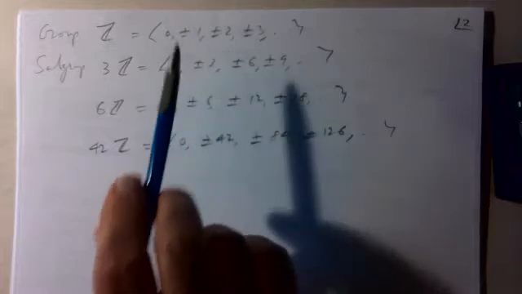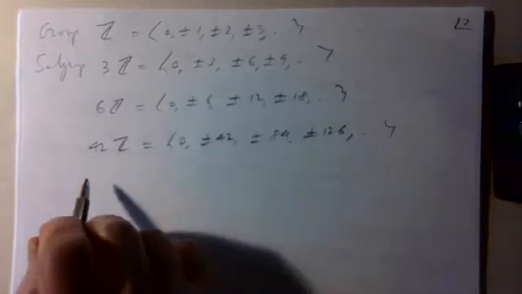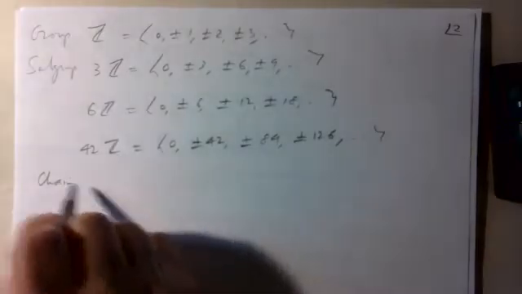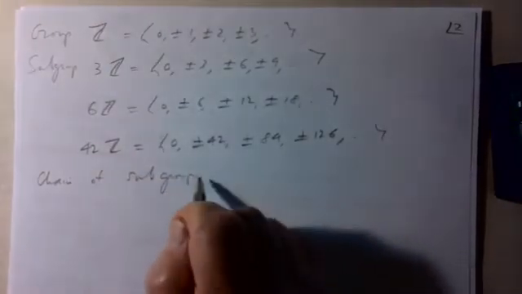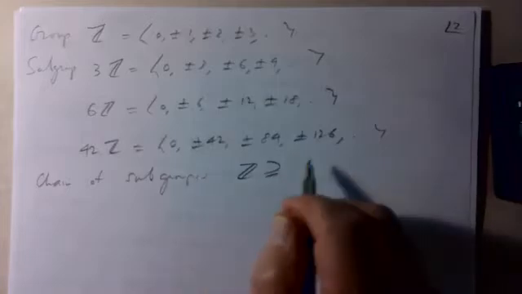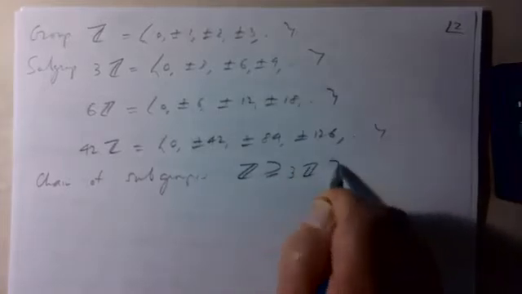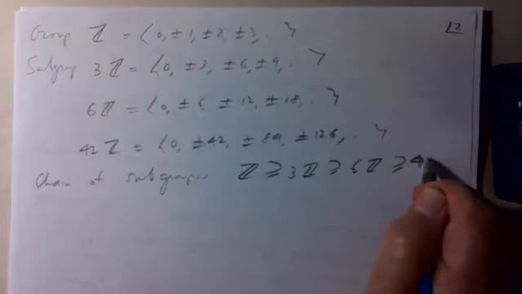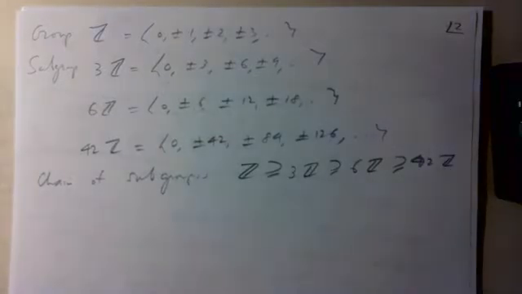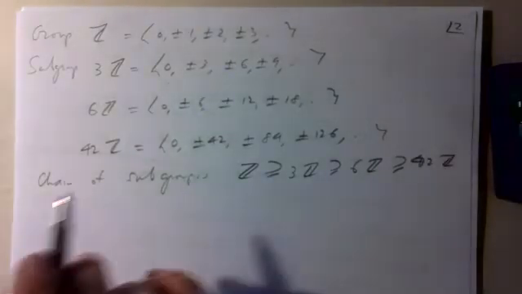Every multiple of 3 is an integer. So we actually have this chain of subgroups. Z contains the subgroup 3Z, contains the subgroup 6Z, contains the subgroup 42Z, for example. There are lots of subgroups in the universe.